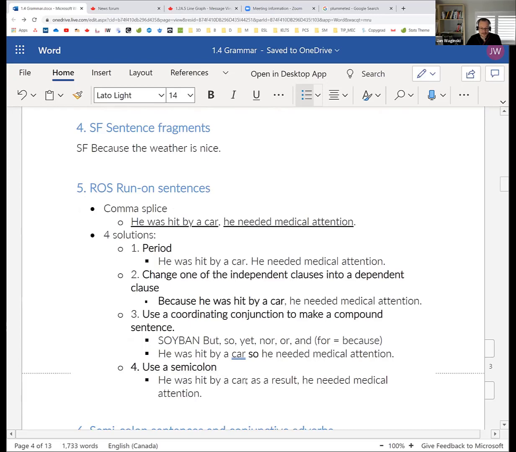He was hit by a car, semicolon. We've got this conjunctive adverb phrase. As a result, he needed medical attention. You could also put a period here, but you can use a semicolon, conjunctive adverb, phrase, comma, combo. Very easy way to add variety to your sentence structures.